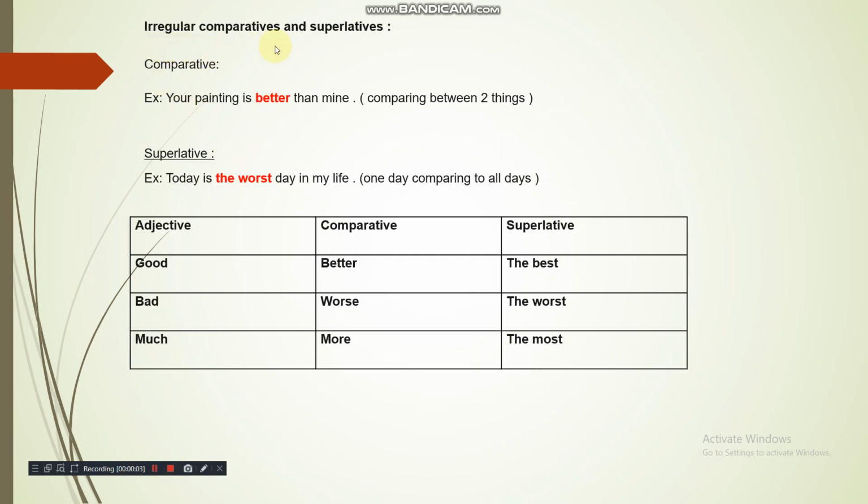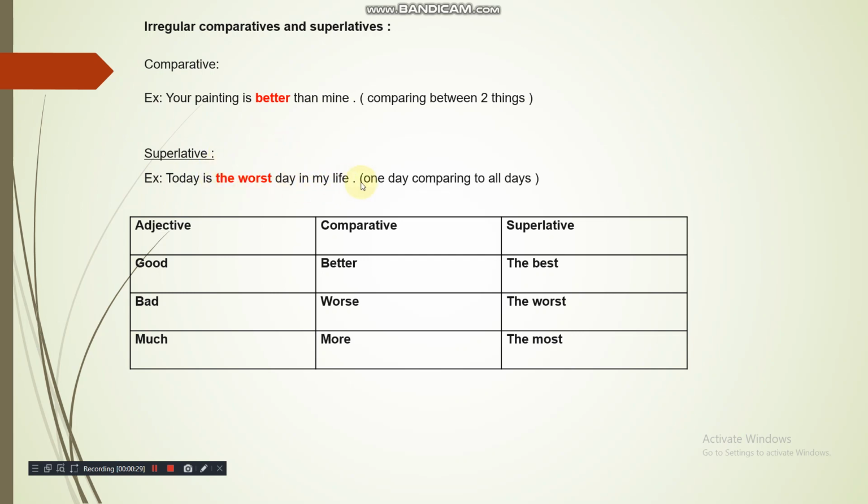Irregular comparatives and superlatives. Comparative. Your painting is better than mine. So we are comparing between two things. Superlative example, today is the worst day in my life.